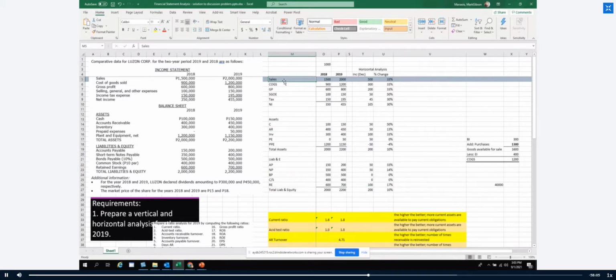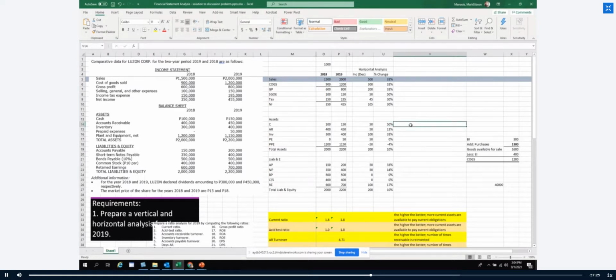So just read first the requirement before you go to the procedures required in preparing for your horizontal analysis. Like I said, horizontal analysis is fairly straightforward. In fact, you can do a formula like this in your Excel or in your calculator. It's also very easy to follow.